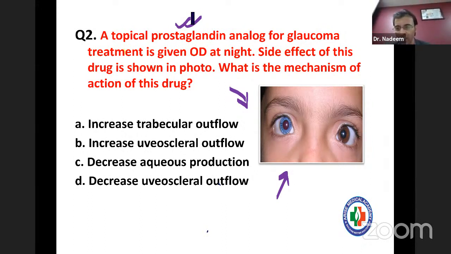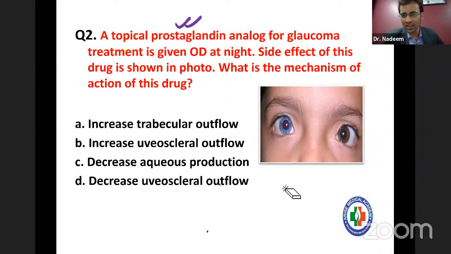What is the side effect? Please tell me, what is the side effect?